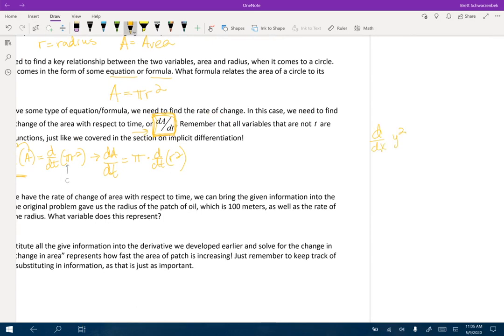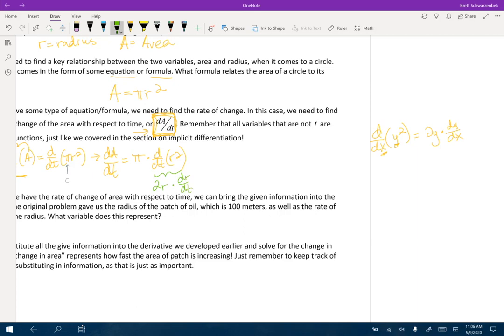We decided, oh, the variables don't match, right? So what did we do? We said, all right, take the derivative as if it was x, but then have a y in there, so 2y, and then multiply by dy dx. So what is this going to become here? Well, we take the derivative as if it was a t but have an r in it, so 2r, and then multiply by dr dt.